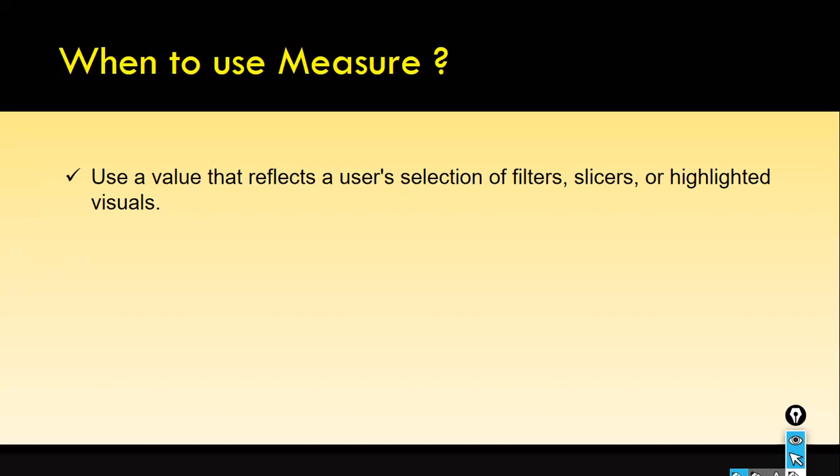A measure is a formula that will be evaluated in the context in which it is used. For example, you have a measure in a matrix visual. That formula in your measure will be evaluated for each matrix row and column combination separately.